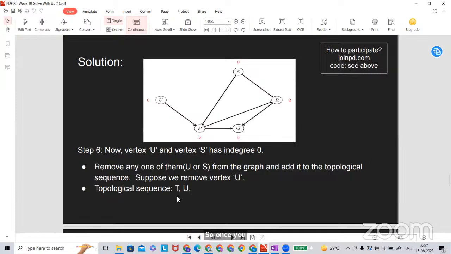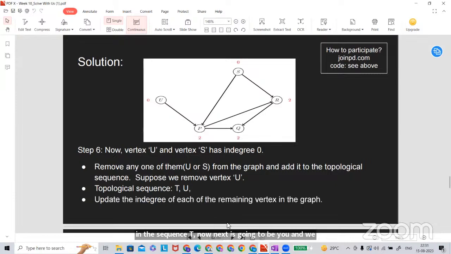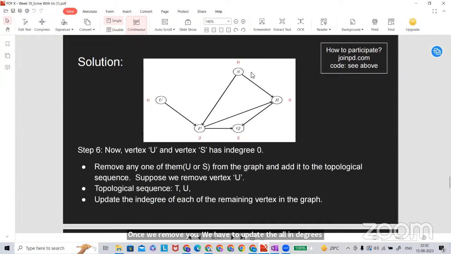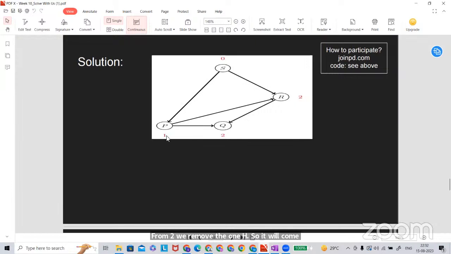So in the sequence T, next is going to be U, and we have to now remove U. Once we remove U, we have to update all the in degrees. So once we remove this one, the in degree of P becomes what? From 2 we removed 1 edge, so it will become 1 here. So we can see P becomes 1, S is already 0. All the rest remain the same.